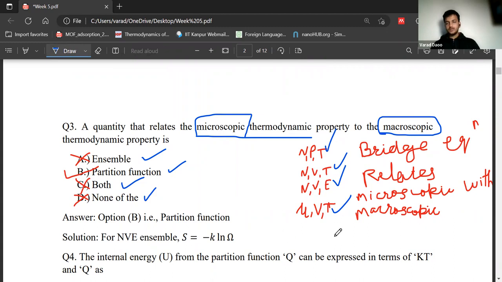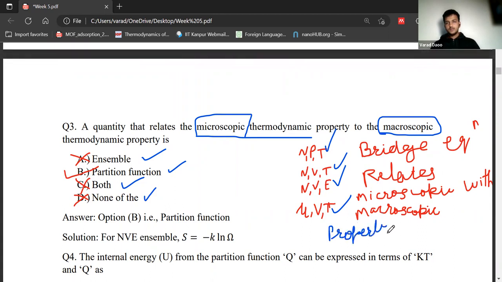The form of this will be: some property is equal to minus kB, that is Boltzmann factor, multiplied by, let's say, temperature or something, into ln of partition function. Okay.